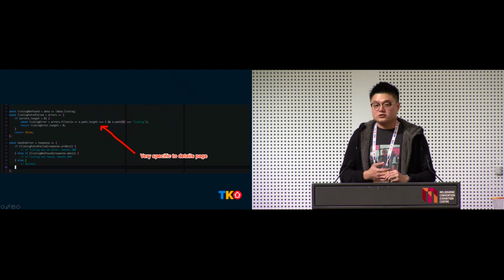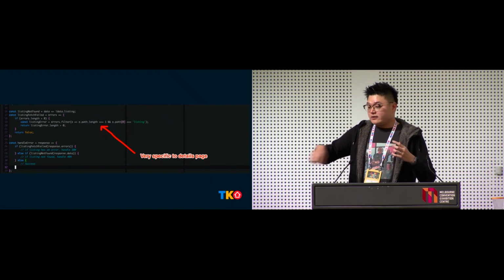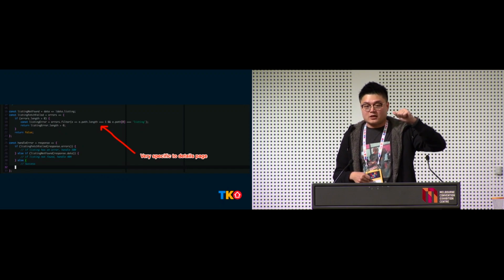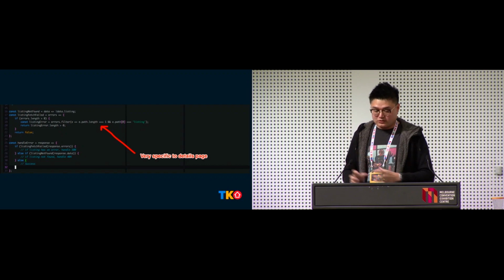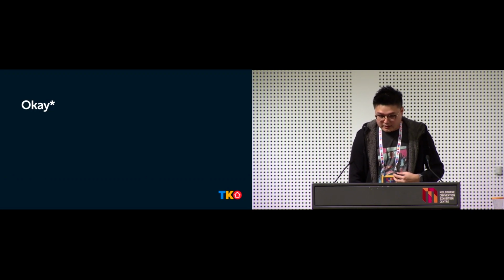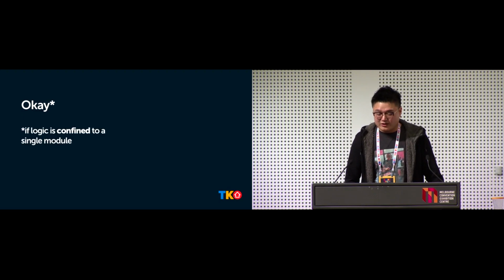If you go to the details page and request a specific thing, this error handling logic has to check if it's details listing, and it's very specific to this response only. And this is sort of okay. This code's not good, but it's okay if the logic was confined to a single module.